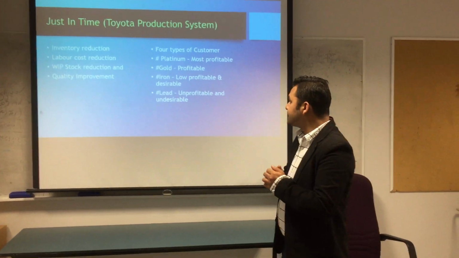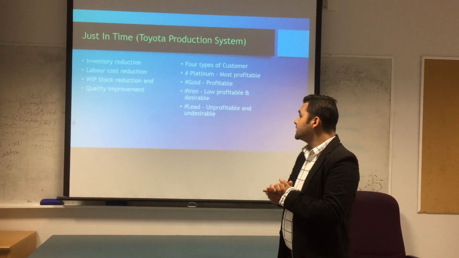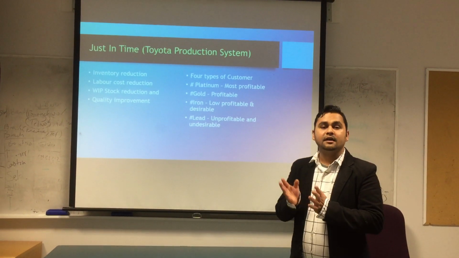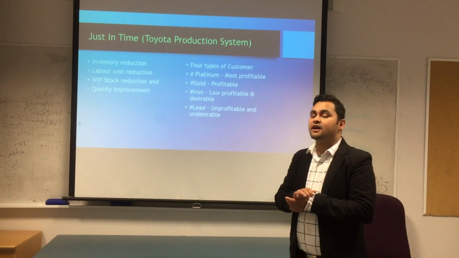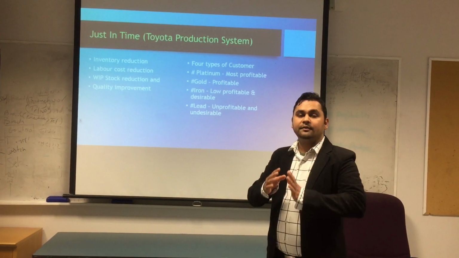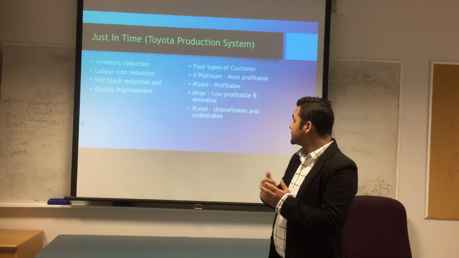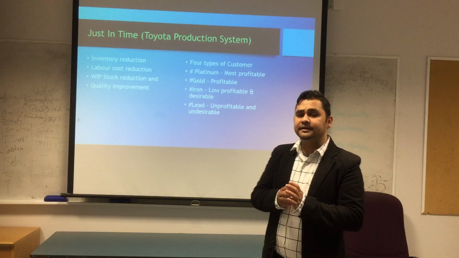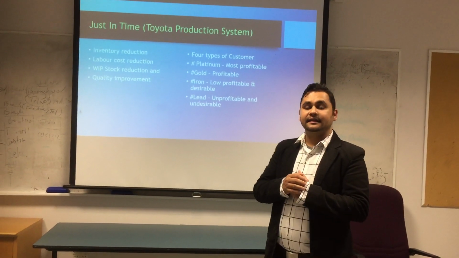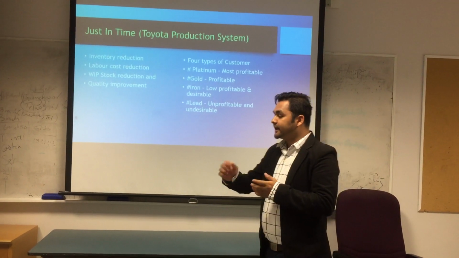The second one, gold, is profitable, and iron is low profitable but desirable, but the lead one is unprofitable and undesirable. In this way, Golden Oven Bakery categorizes their customers, and they have really good production skills, and they get very good success as well. So the next slide.